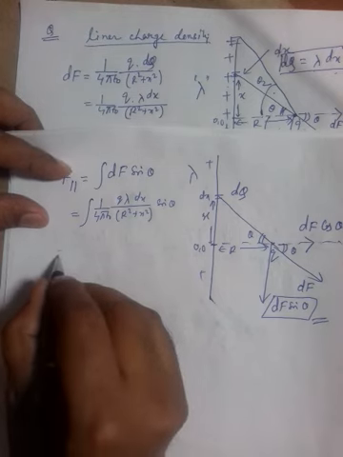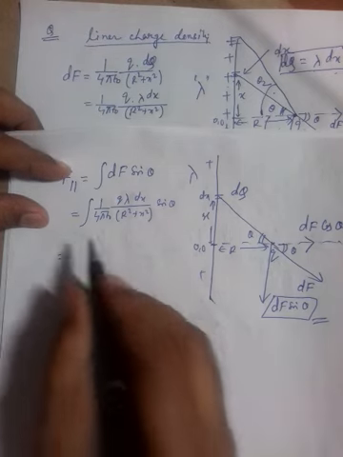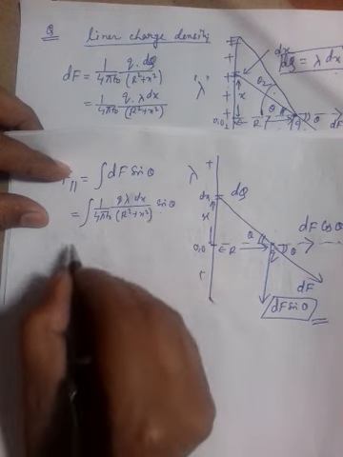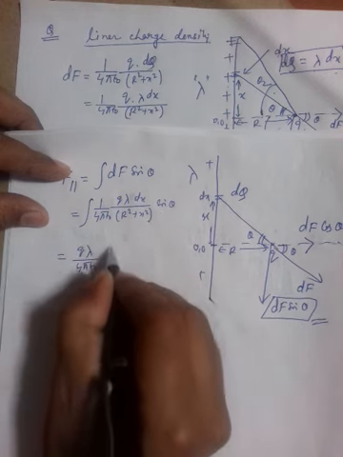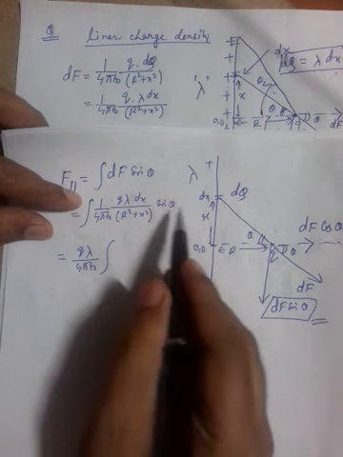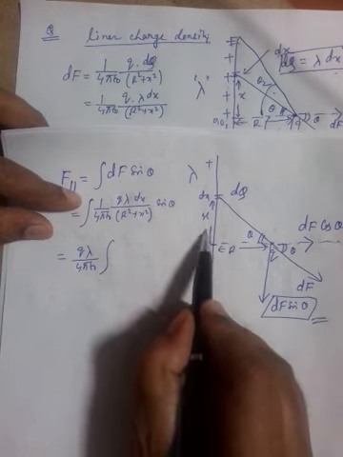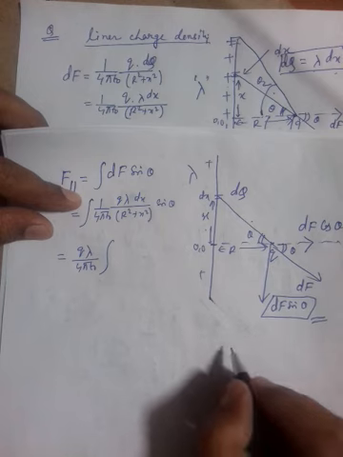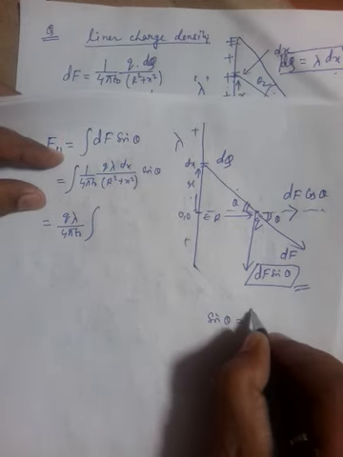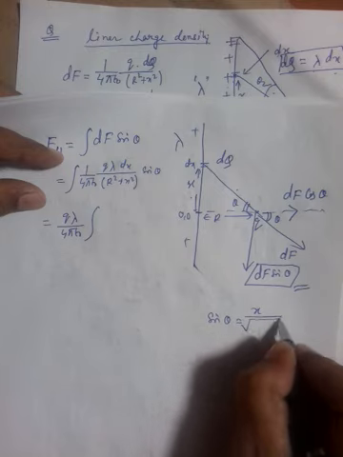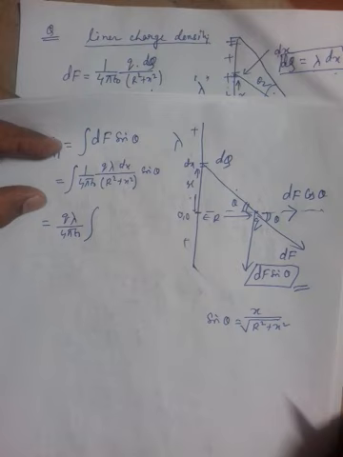Now q, lambda, 4 pi epsilon naught are all outside. What is sin theta from the figure? If you write sin theta from the drawing, it is x by under root of r square plus x square. I have no difficulty in that.